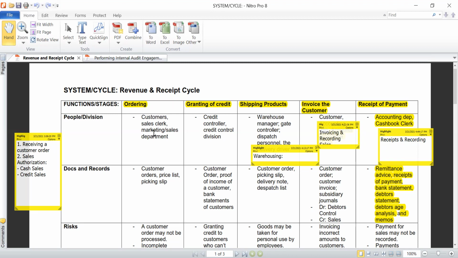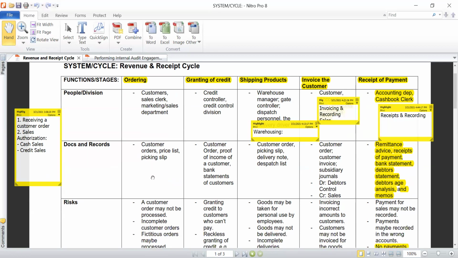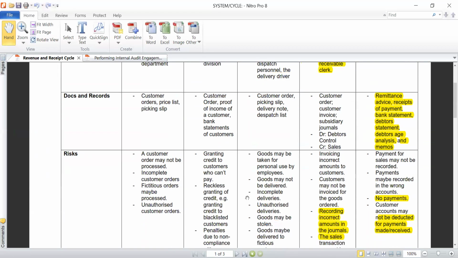There will also be certain documents and records that they would need to maintain in order to give account of the number of orders that have been received and processed for customers. And then, of course, from an auditing point of view, this is now where we come in.